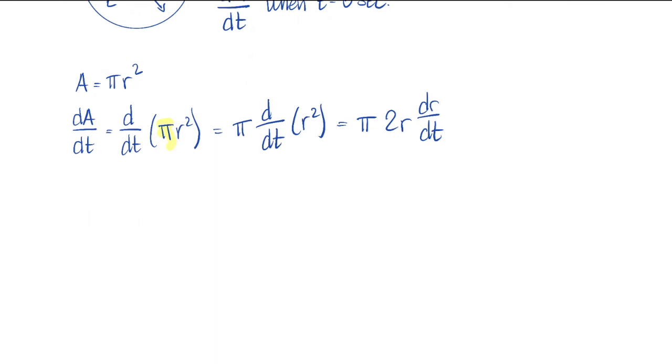So now our derivative is complete, and it looks as follows. dA/dt equals 2 pi r times dr/dt.